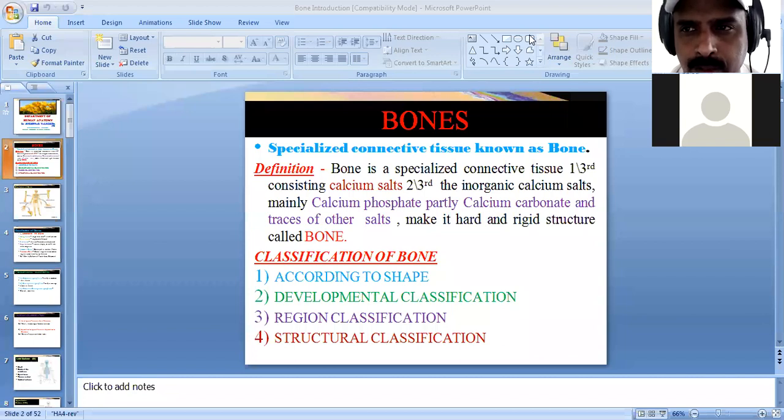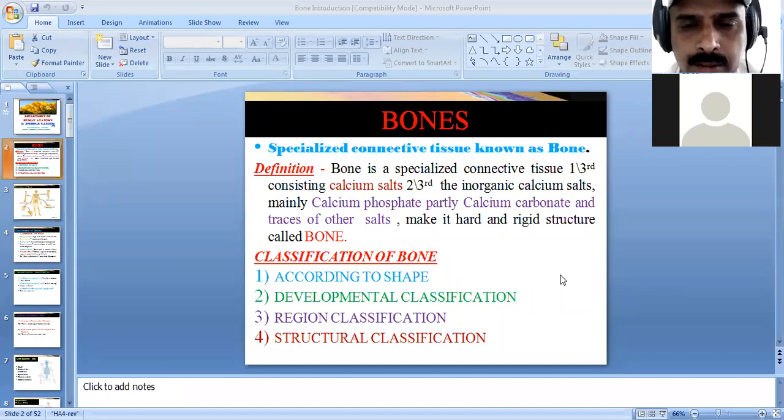Whatever the total classification of the bone is, it is mainly under four classifications. The four classifications you have to know: the classification according to the shape, then the developmental classification, then the regional classification and the structural classification.